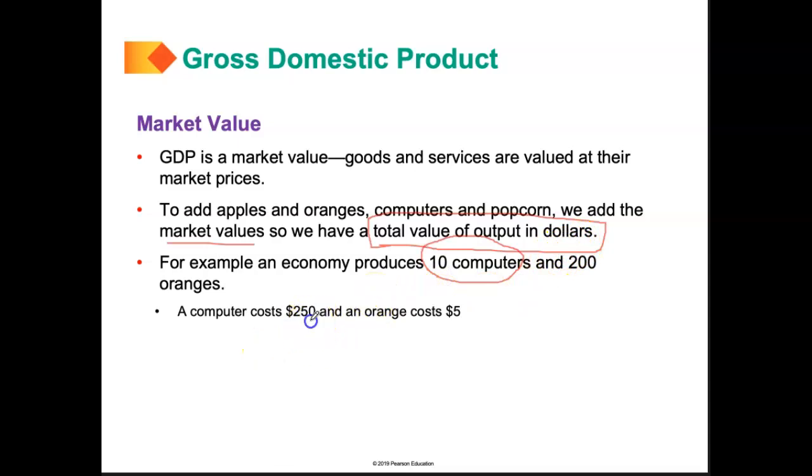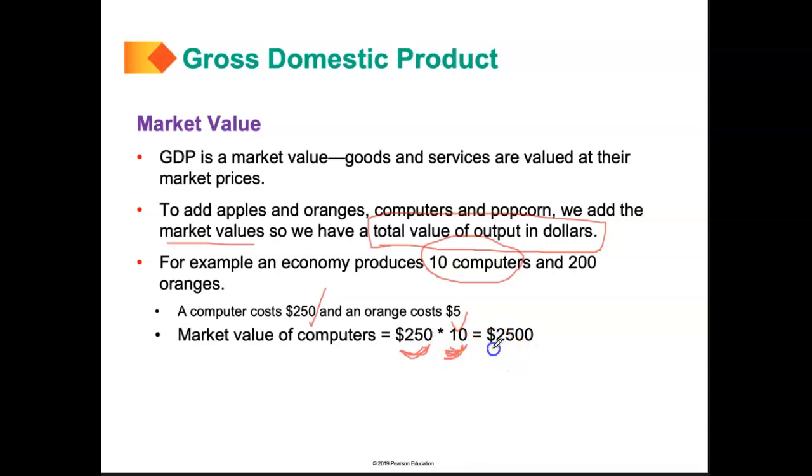A computer costs $250. That is the market price of one computer, and an orange costs $5. Now, to find the market value, we said GDP is the market value of all goods and services produced within a country. To find the market value of computers, we take the price of computers and multiply it by the number of computers produced in this economy.